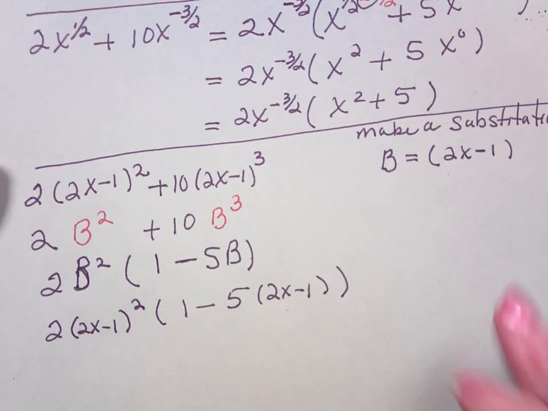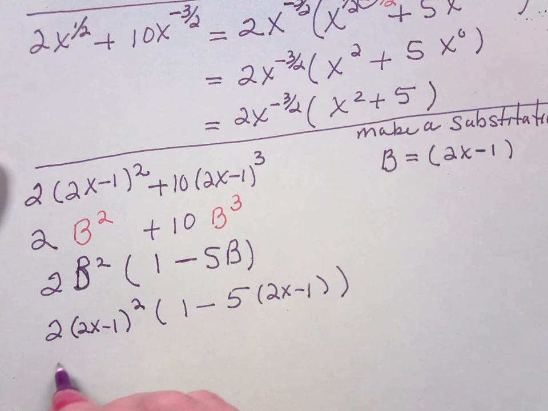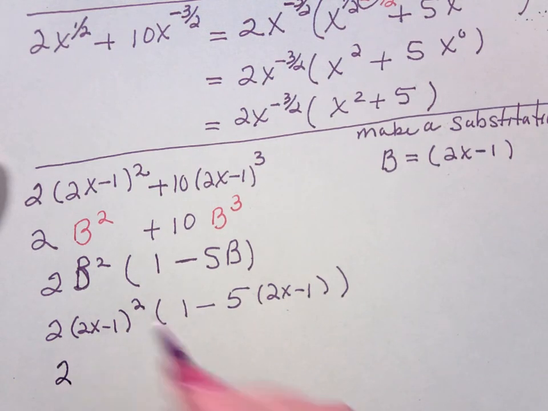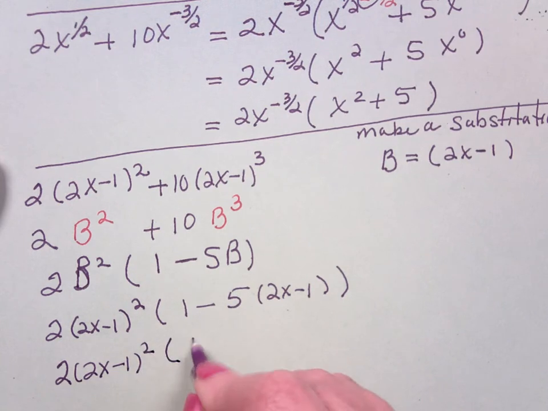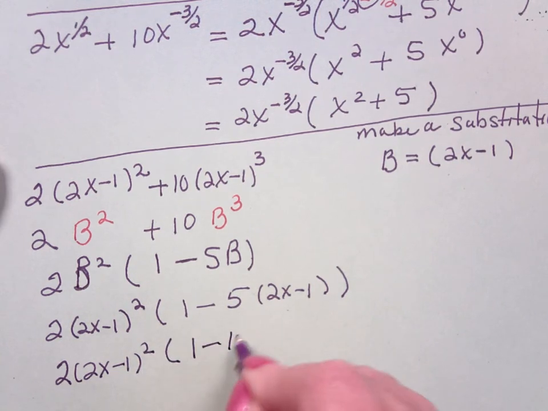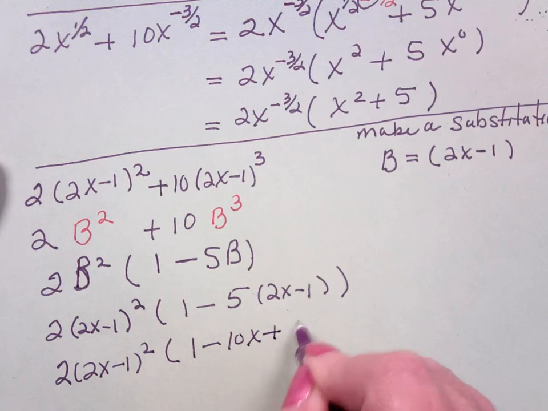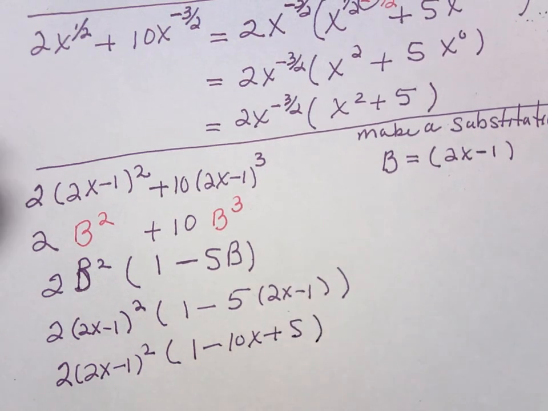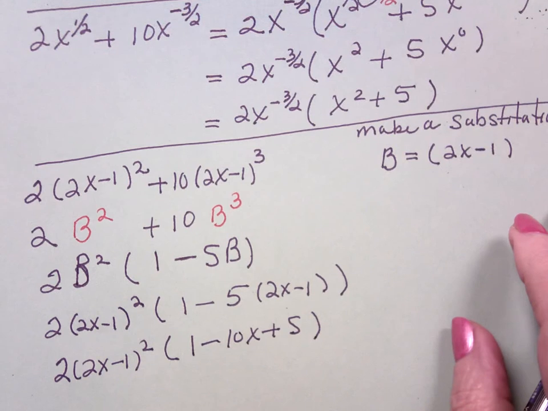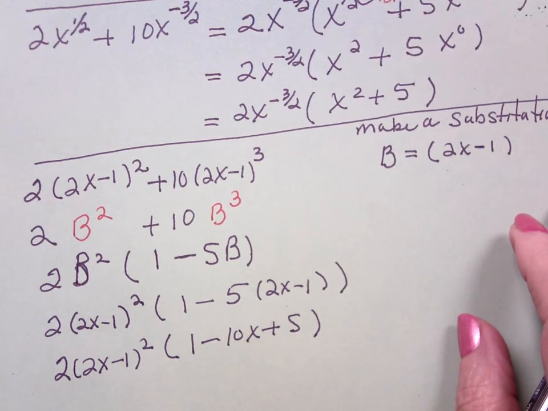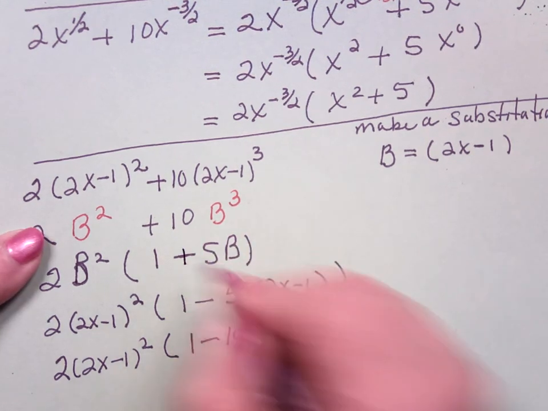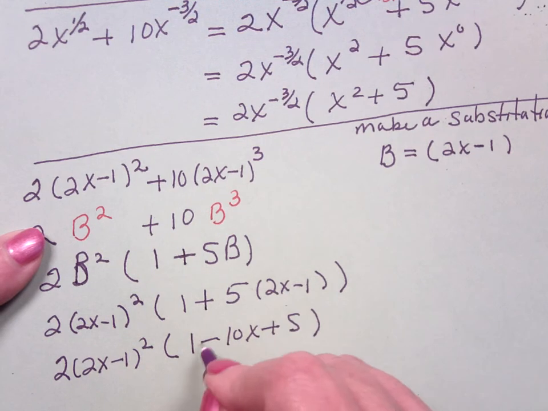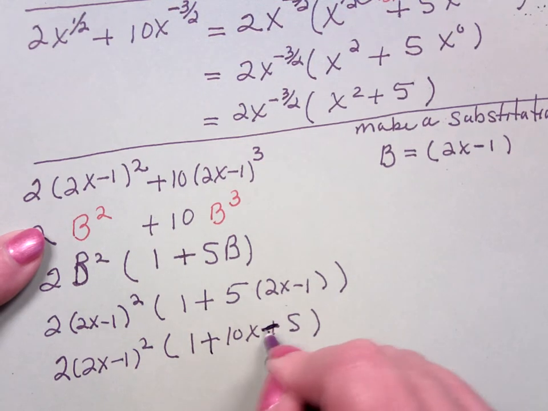Now I've replaced b, I can simplify, so I get 2 times 2x minus 1 squared, 1 minus 10x plus 5. And I've made a sign error here. So this is going to be a minus 5.